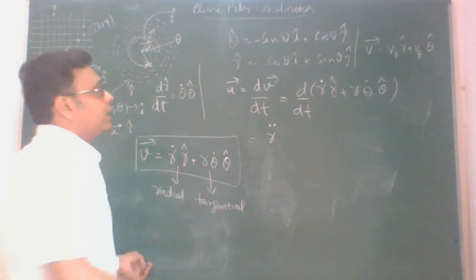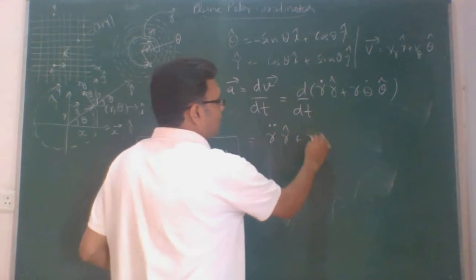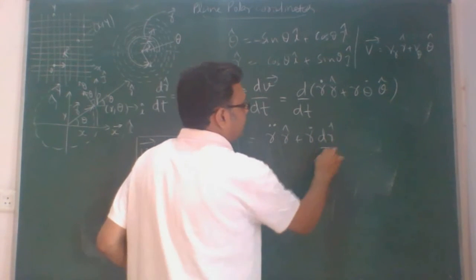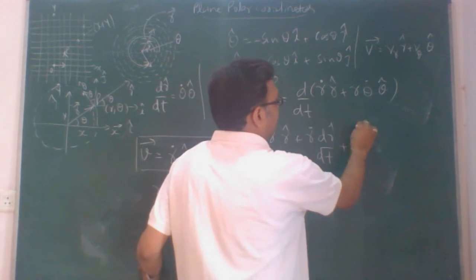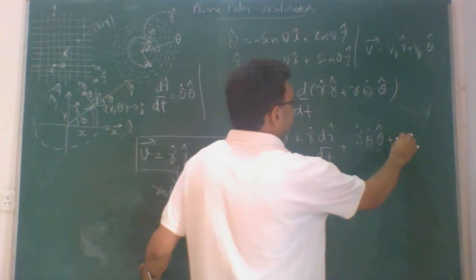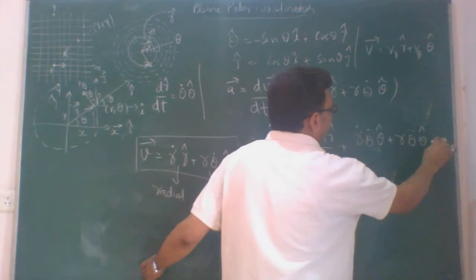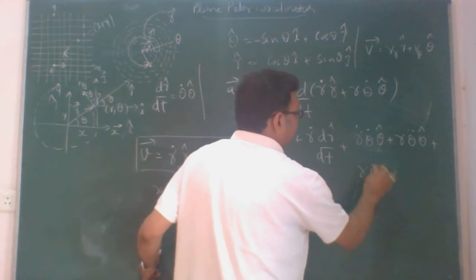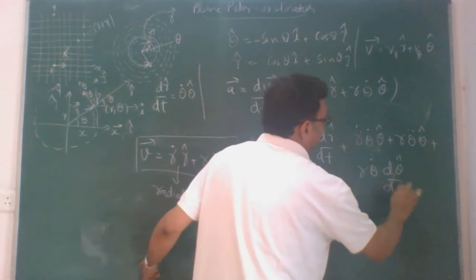Fine. So r double dot r cap plus, of course, r dot and d r cap over dt, and then again r dot theta cap plus r theta double dot theta cap plus, what do I get now? r theta dot d theta cap over dt.